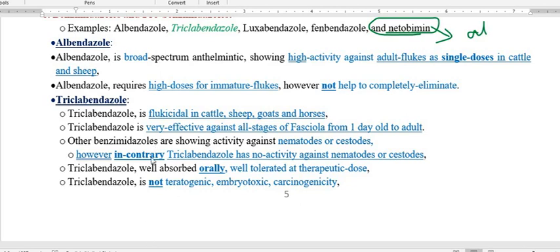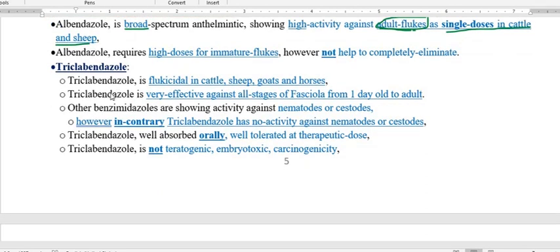Albendazole is broad spectrum because it acts against nematodes and also against cestodes. A single dose in cattle and sheep shows activity against the adult fluke.